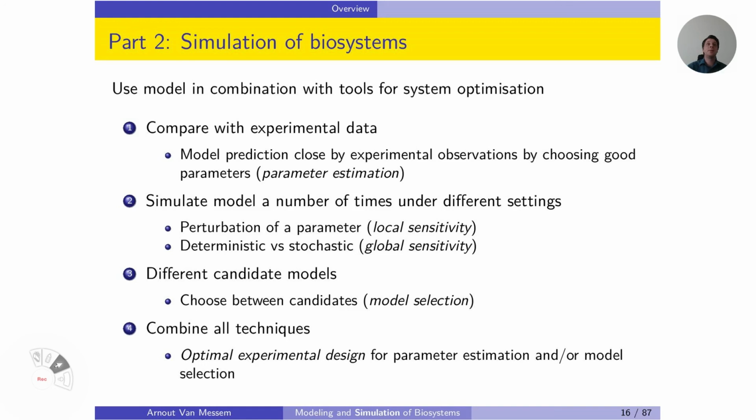So how sensitive is my model to influences from a certain parameter, or how sensitive is it globally, so deterministic versus stochastic models. We will look at different candidate models and see how to choose between the candidates through model selection, and then in the end we will combine all those techniques to go to optimal experimental design. So we want to see what is the optimal experimental design for either parameter estimation or for model selection.